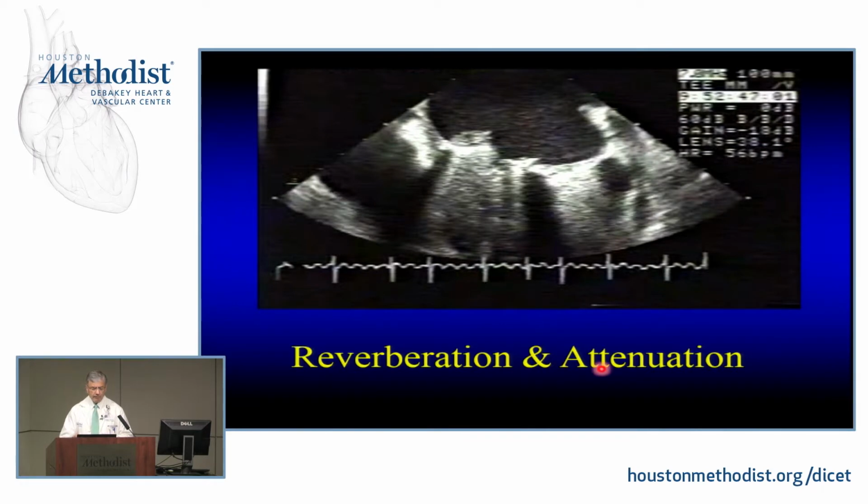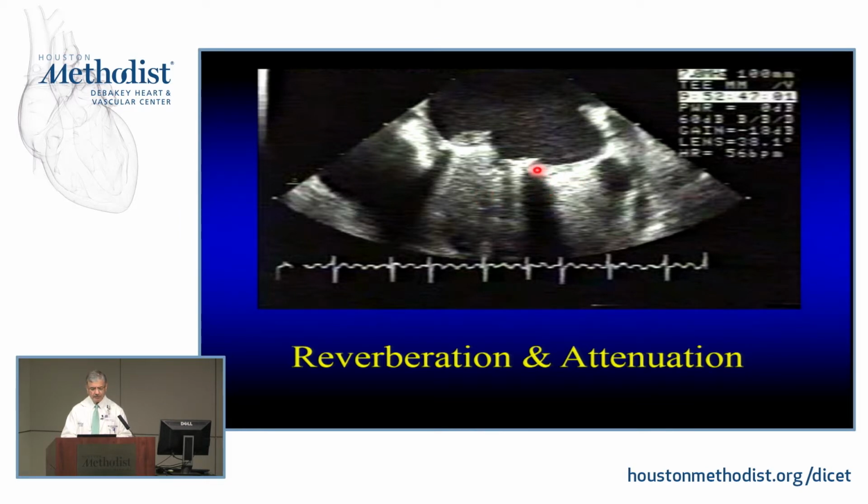A few other things that you need to know. We talked about reflection, reverberation, attenuation. I think this is beautiful here because you have two phenomena in the same picture. You have attenuation and you have reverberation. Okay?